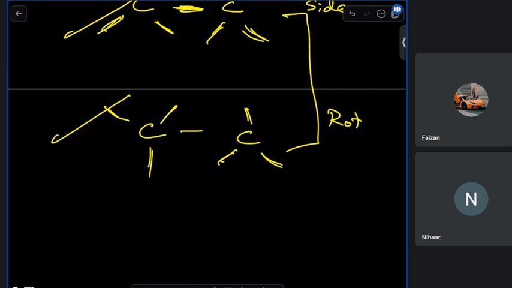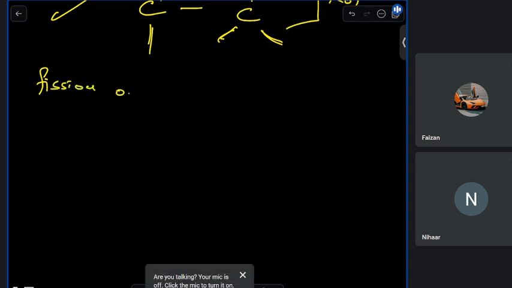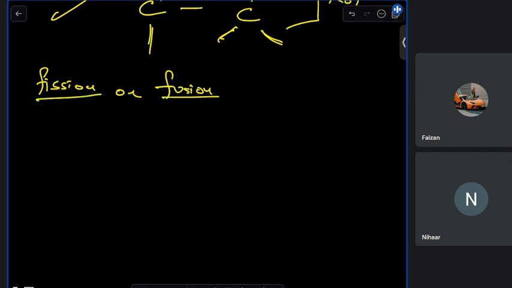Now let's talk about whatever you have for your exam, which is obviously the next topic. There's something called fission happening there. Understand, fission or fusion is not only a physics concept. It's both chemistry as well as physics. In our language, fission is like breaking up. Fusion is trying to combine together.